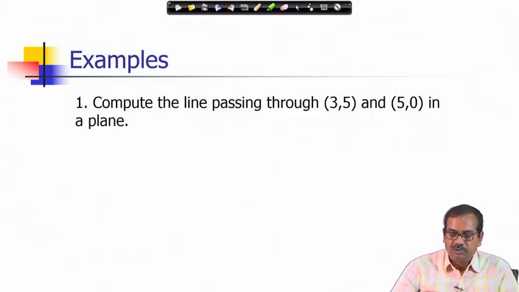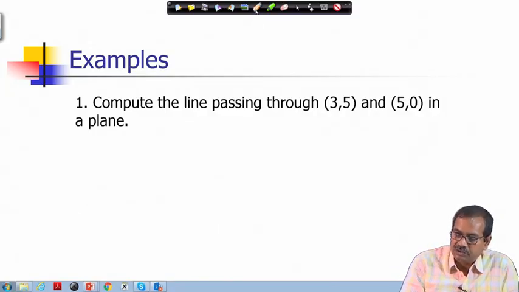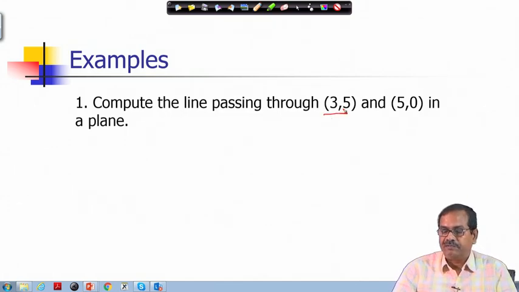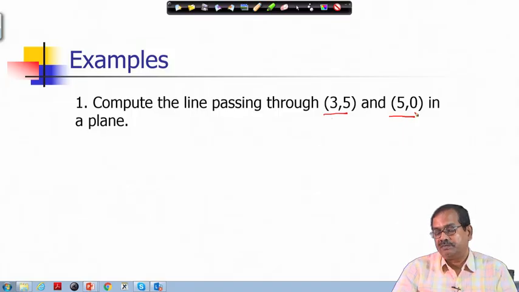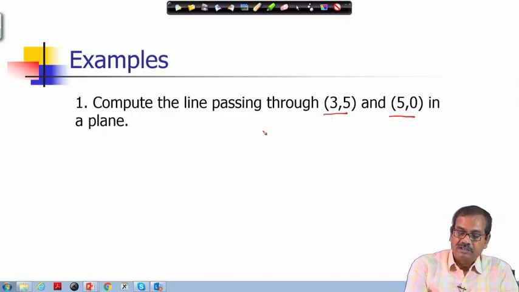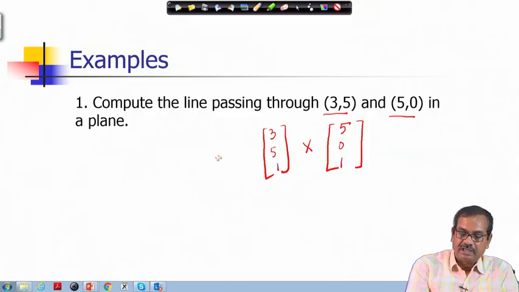So, what we will do is take the cross product of the corresponding projective points in homogeneous representation, that is, the vectors (3, 5, 1) and (5, 0, 1). Okay, that is the straight line representation.